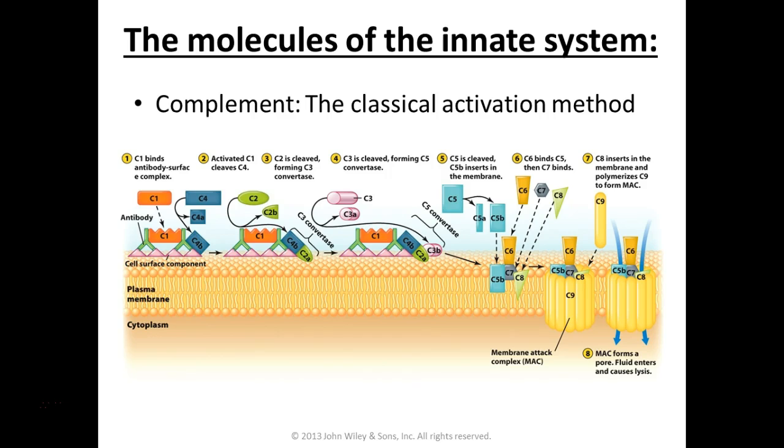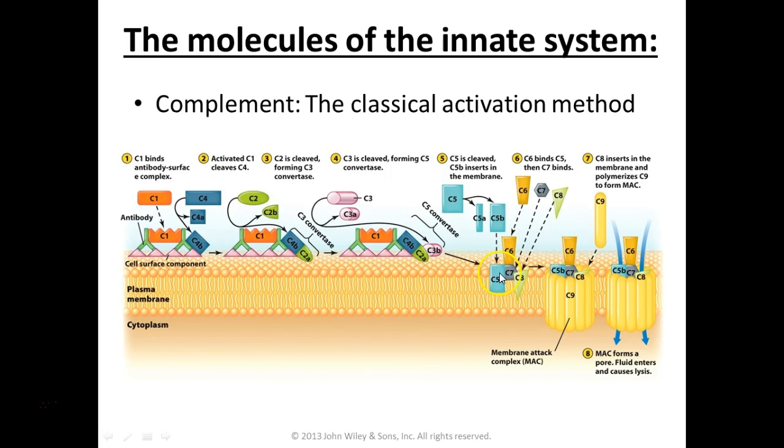So this is a diagram, right, of the classical pathway, all the steps. And it's wonderful glory. What are the important things for us? Antibody binds to start it. We generate C3 convertase, which splits the C3 into C3a and C3b. We get C5 convertase, which again just keeps splitting C5 into C5a and C5b.